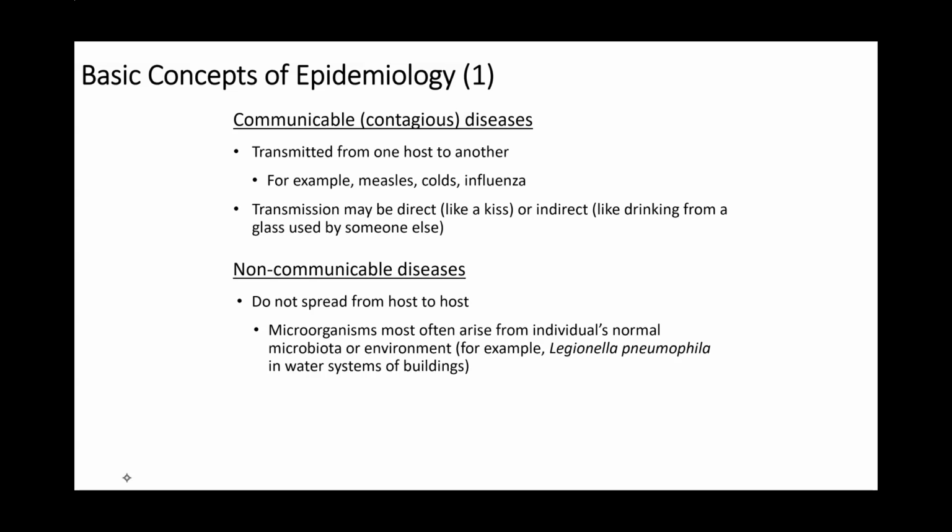Botulism doesn't spread from one person to another person. If a patient has botulism, they're not going to spread it. An example of a communicable disease, the most common one that is discussed these days, is COVID-19. That's very communicable and can be transmitted from one individual to another.